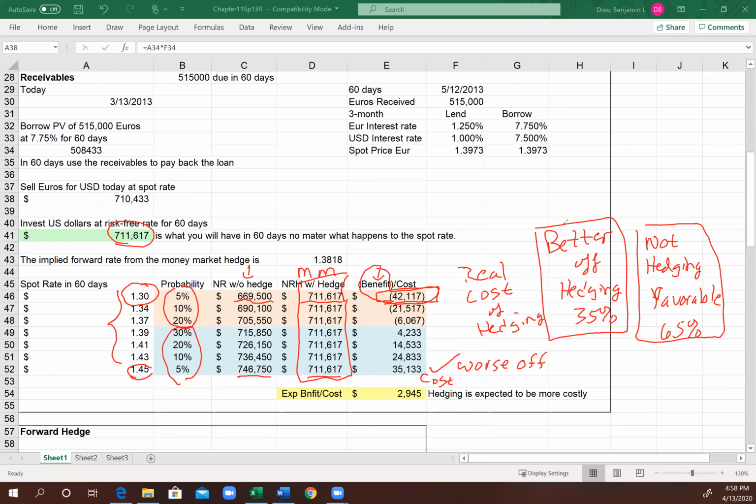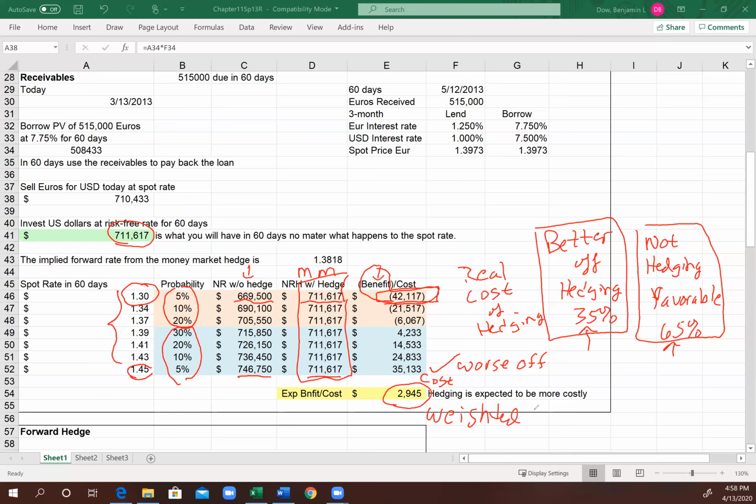So what we want to do is be careful, and this is useful right here. You're better off hedging only about 35% of the time, and not hedging is favorable 65% of the time, but you want to be able to explain the magnitudes as well. So what we do is come up with another weighted average.